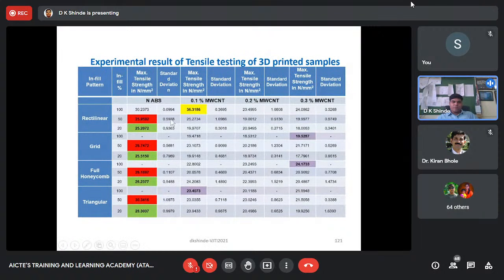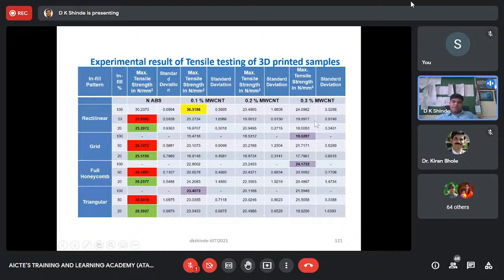For 0.2 weight percentage, the rectilinear also shows the highest, and similarly triangular also shows a similar pattern of behavior, whereas the other grids, like what we have seen with percentage infill with the grid and honeycomb, also show a little drop in mechanical properties at 0.2 weight percentage of MWCNT.